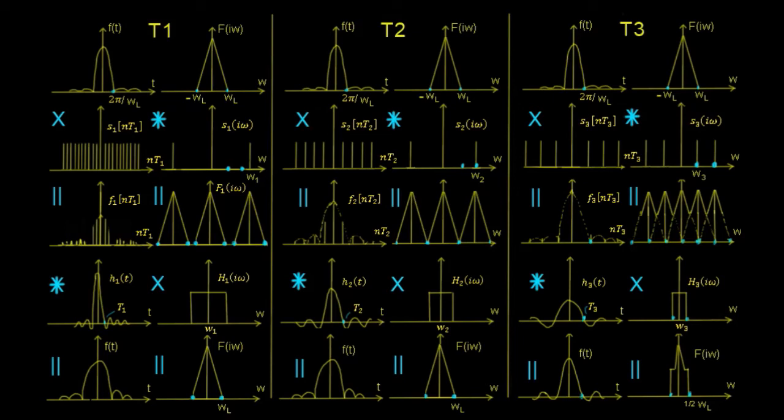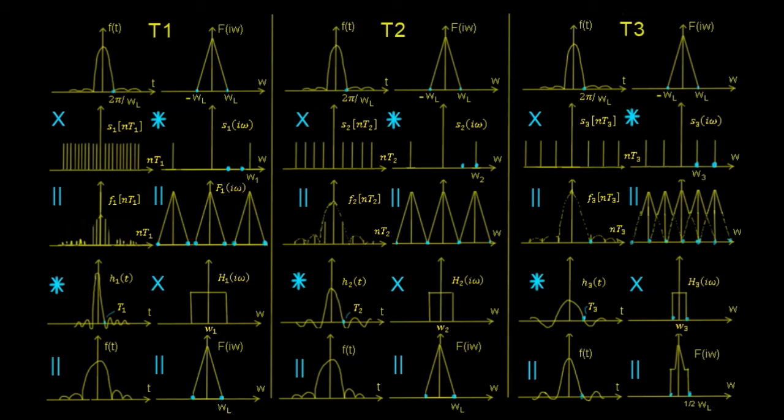So finally, let's look at what happens when we go to a sampling period of T3. So the samples are even wider apart here. If they're wider apart in the time domain, they're going to be narrower in the frequency domain. And you can see again here we have our value of omega L. So our omega L actually sits down here, just where this value omega 3 is, and twice omega L is this point here.